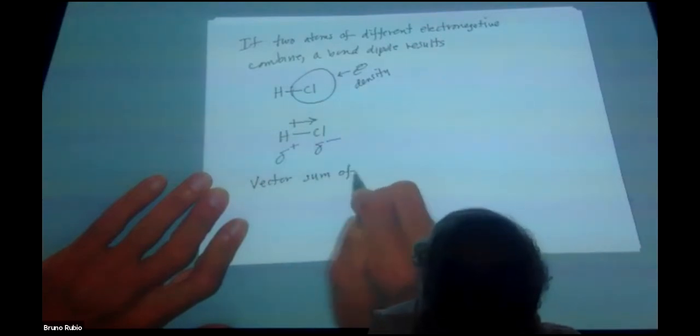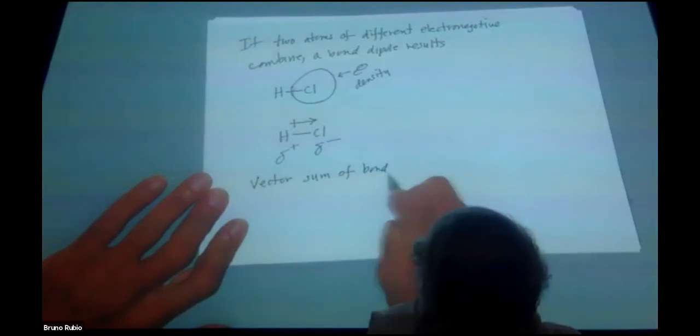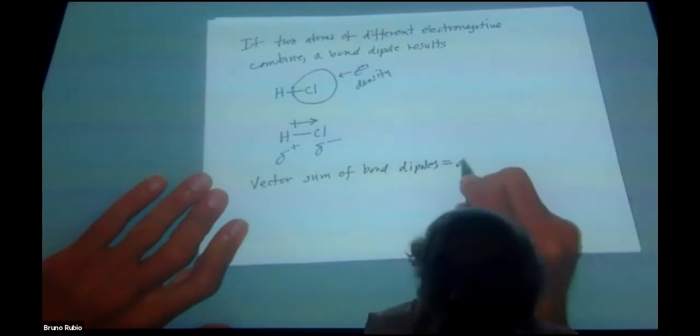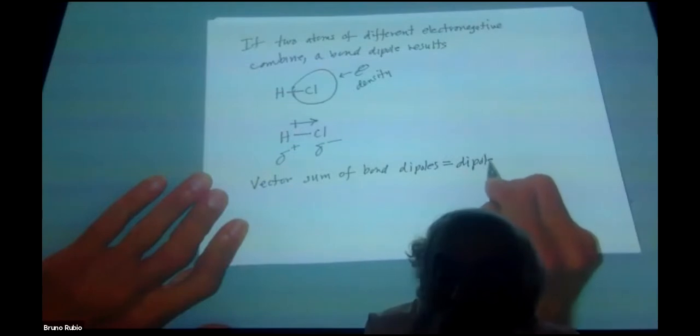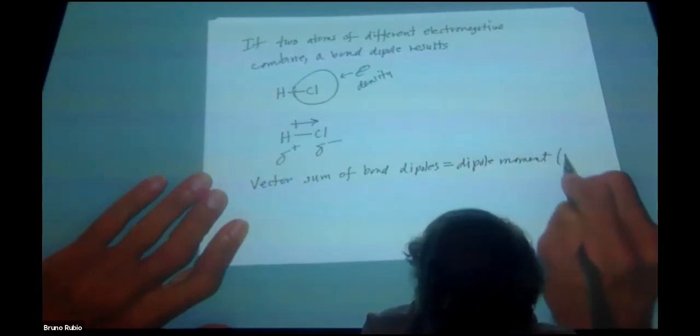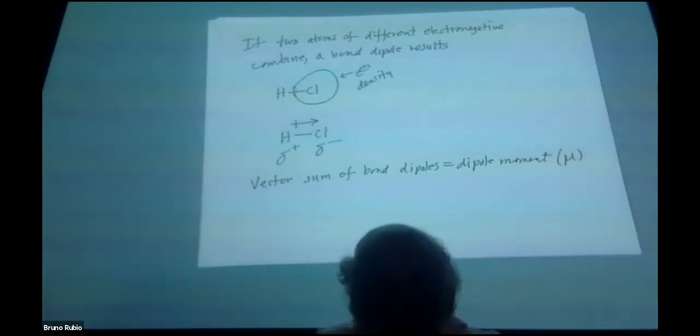The vector sum of the bond dipoles is called the dipole moment, and its symbol is the lowercase Greek letter mu.